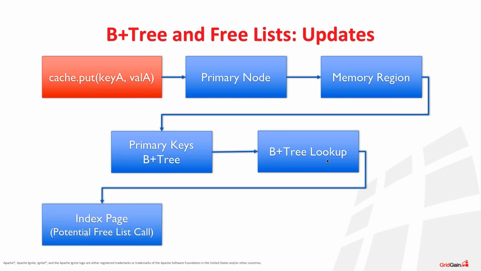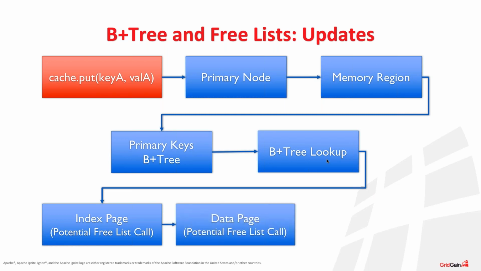And once we find that position, if there is already an index page at this position, and if we can add an extra index to that index page, then we will do it right away. Otherwise, if the index page is missing, we will call our free list, which will return an index page with the minimum space needed to fit our new index. And later on, we need to add our data into the data page.